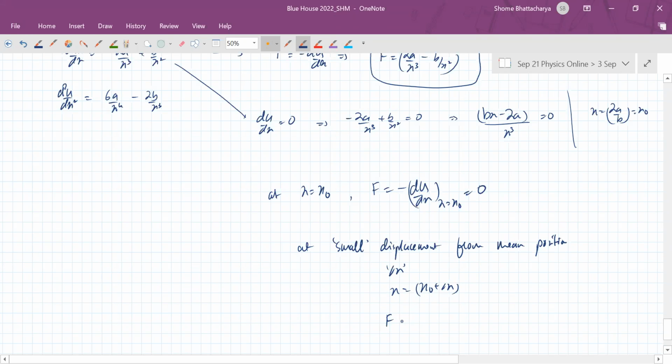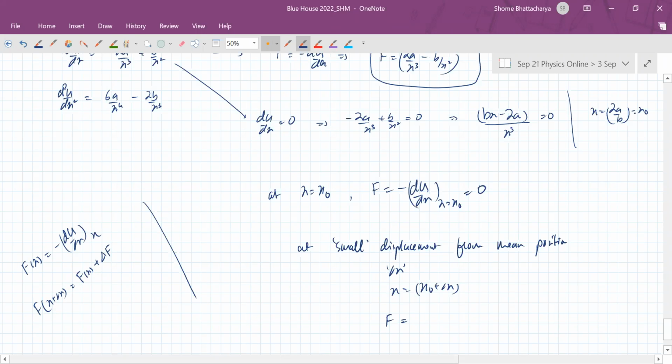Okay. So the force we can write like this. See, F at some point is minus du by dx at that point x. Okay. So F at some point x plus delta x will become F at x plus some delta F. You understanding this point, Prachi?